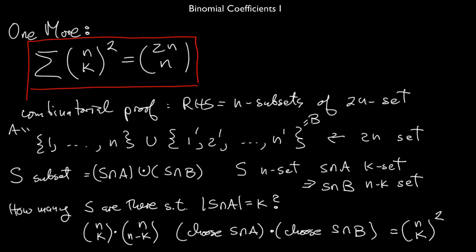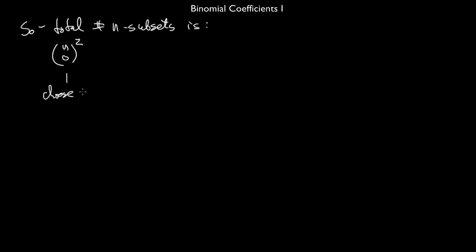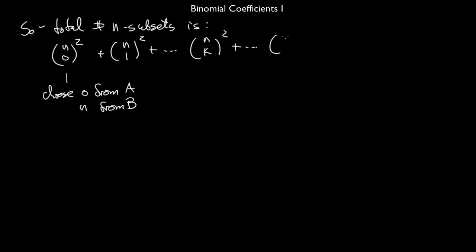That's encouraging. So let's see what we have. What's the total number of ways of choosing an n subset of a 2n set? Well, it could have 0 elements from the first set, and n from B, or it could have 1 element from the first set, and so on up to k elements and all the way up to n elements.